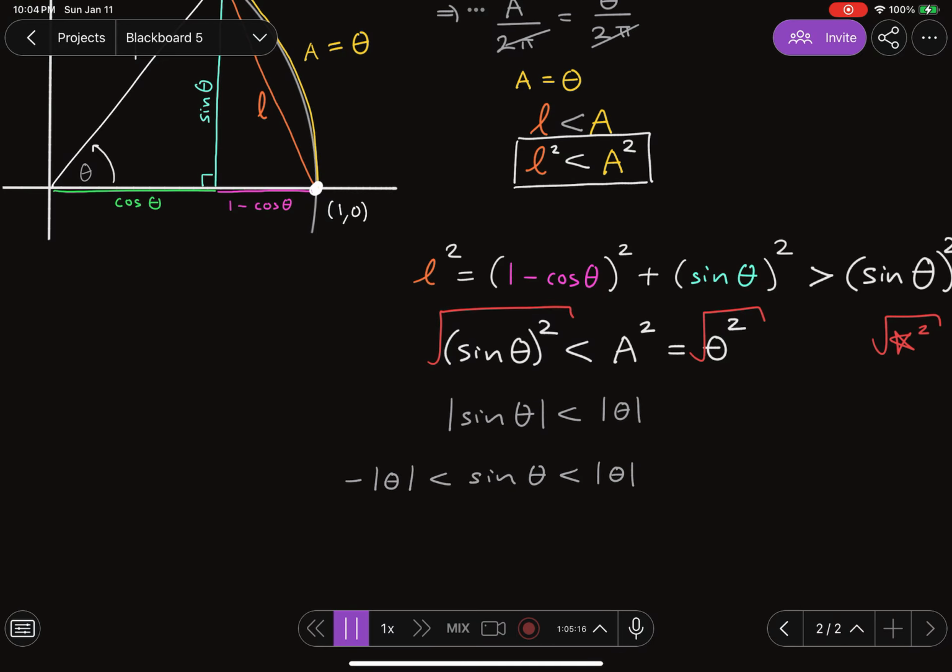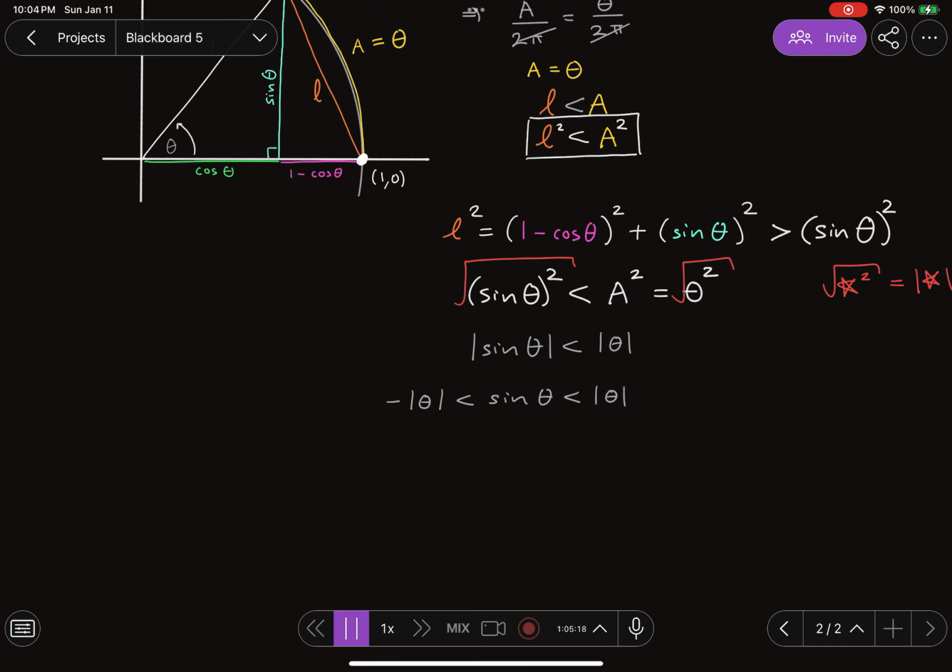Notice that the limit as theta approaches 0 of the absolute value of theta, so I'm taking the limit of this side, is definitely equal to 0. Also, the limit as theta approaches 0 of negative absolute value of theta is definitely going to be equal to 0.